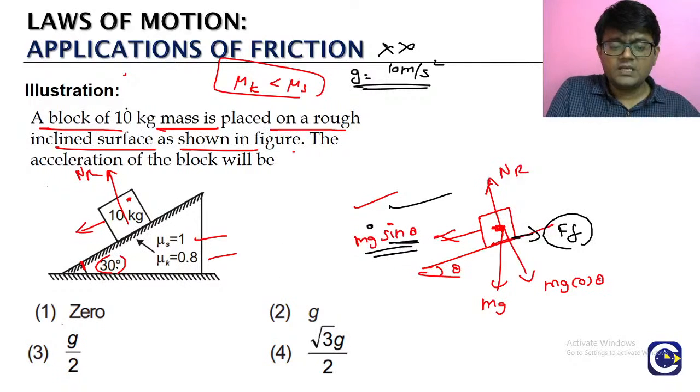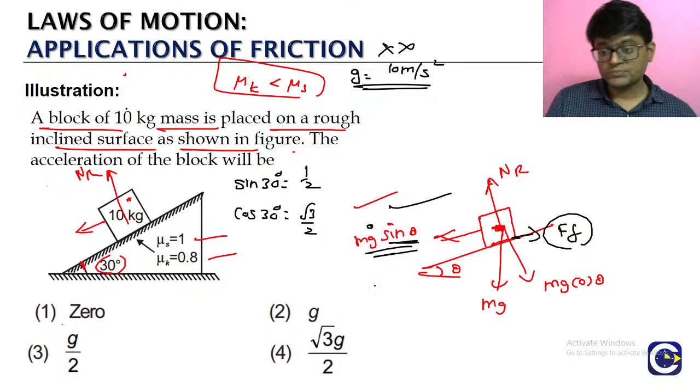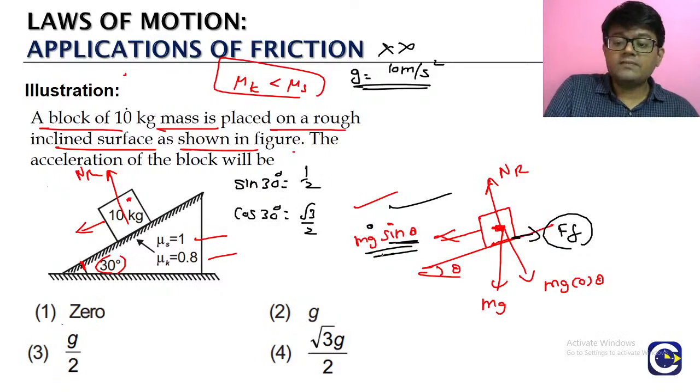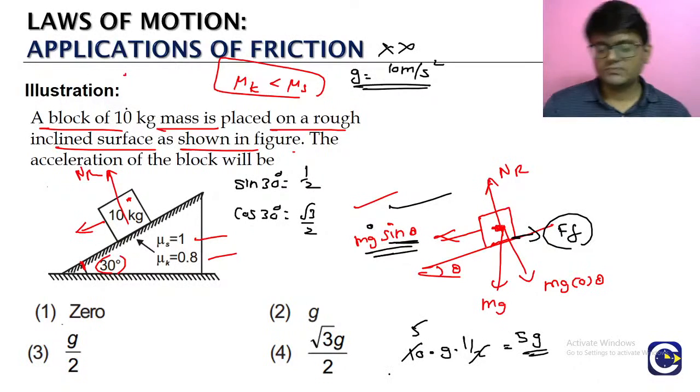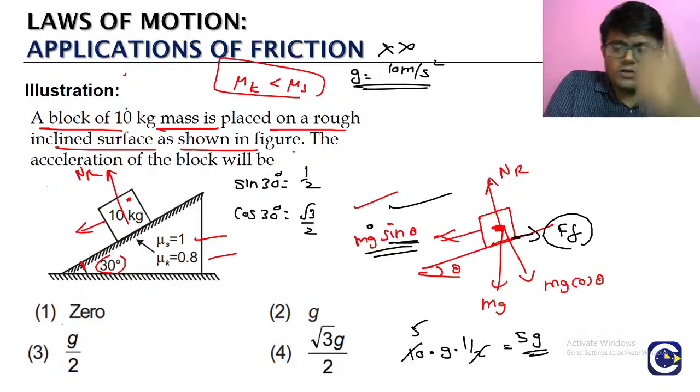Theta is 30, so sin 30 is half. And by the way, we also have cos 30, which is root 3 by 2. So mg sin theta means 10 into g into half, that is 5g. That is the component of the weight that is trying to move the block down the plane.